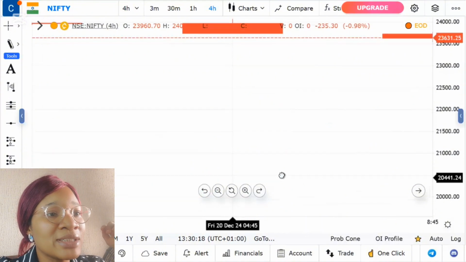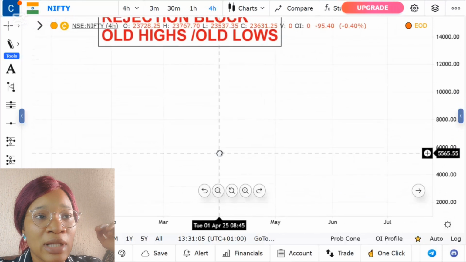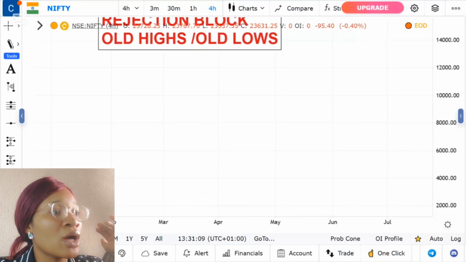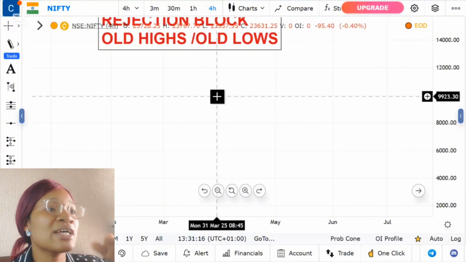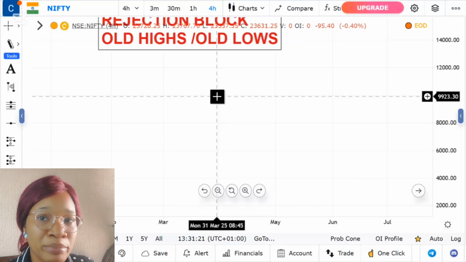So you may be wondering, what is a mitigation block? If you have a good understanding of how order blocks work, it will be very easy for you to spot a mitigation block. Now, of course, what we know about an order block, so let's say we are in a downtrend, right, and we are looking for a bearish order block.